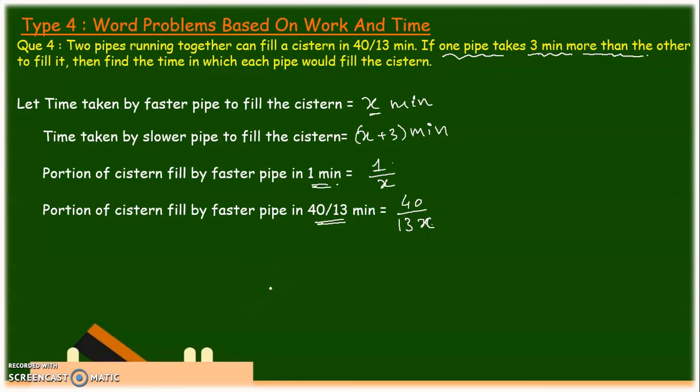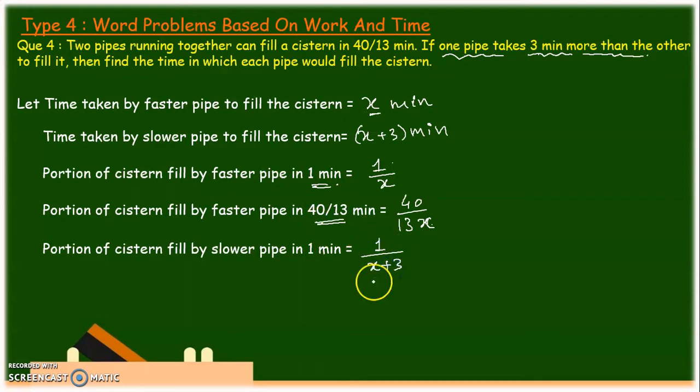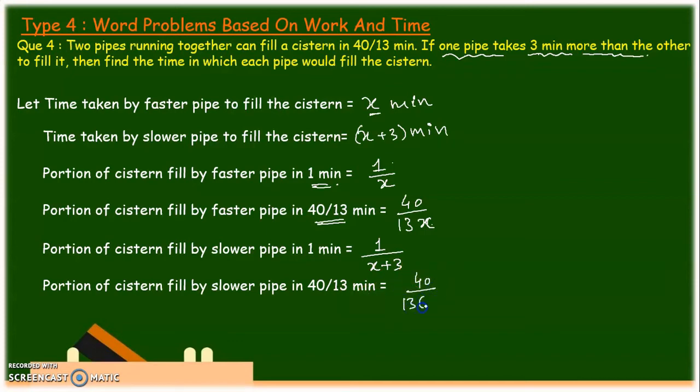Same way, the portion of the cistern filled by the slower pipe in 1 minute will be equal to 1 divided by x plus 3, or we can say the portion filled by the slower pipe in 40 divided by 13 minutes will be equal to 40 divided by 13 multiplied with x plus 3. So this is the portion filled by the faster pipe, and this is the portion filled by the slower pipe.